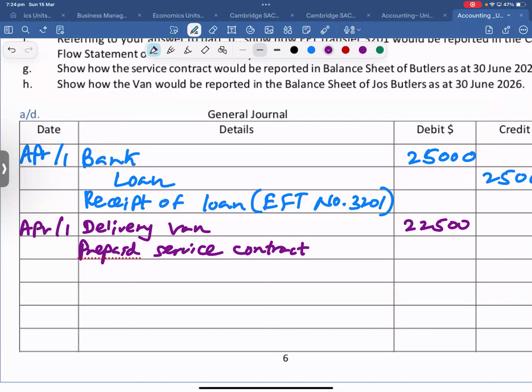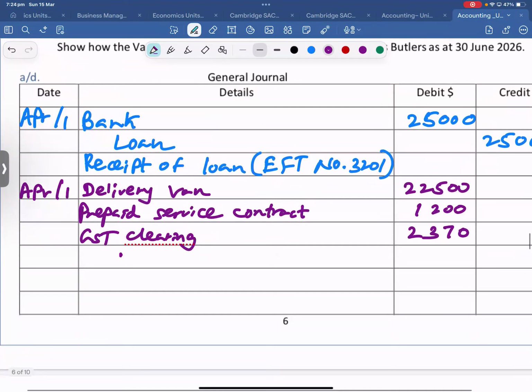So remember, for each and every separate set of double entry, you need to write the date, even if it is on the same day. Okay. I have told you. 1,200. Yes. Then GST clearance is 2370, and you credit the bank.